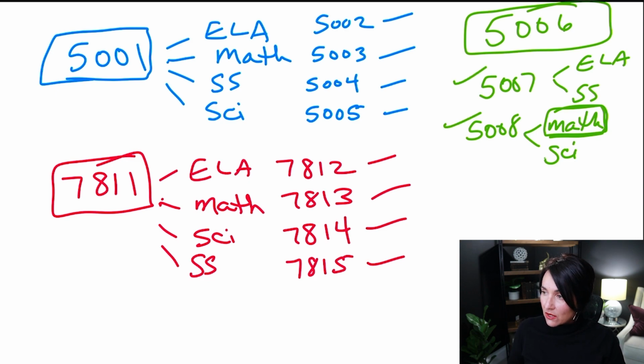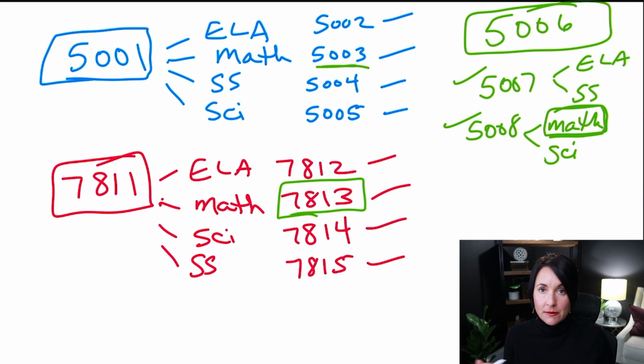Now, the math is particularly challenging in the 5008 and the 7813 because unlike the 5001 math here, where you just do straight up math problems, you work out fractions, there are some linear equations, word problems, geometry, all of that.